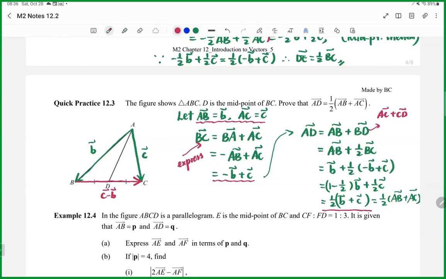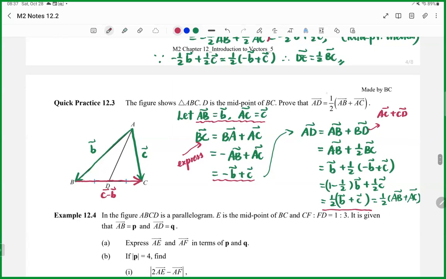This question is supposed to be similar to the example, but it's not so obvious that this is a result we already know. Now, I want to point out the relation between vectors and classic geometry.